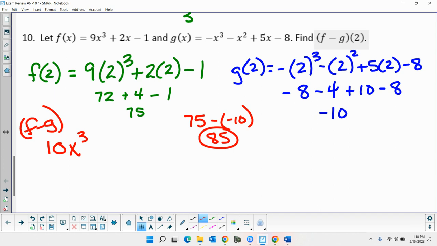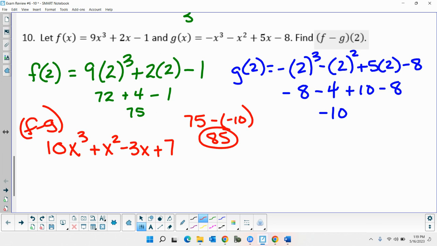What's 0x squared minus a negative x squared? Positive x squared. 2x minus 5x, negative 3x, right? Negative 1 minus negative 8, negative 1 plus 8 is 7.